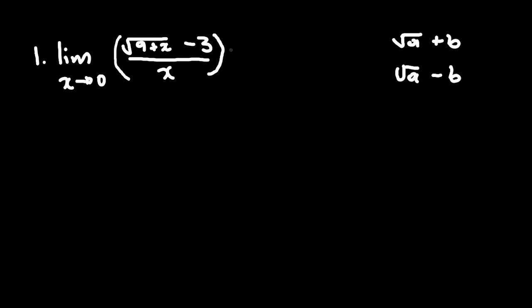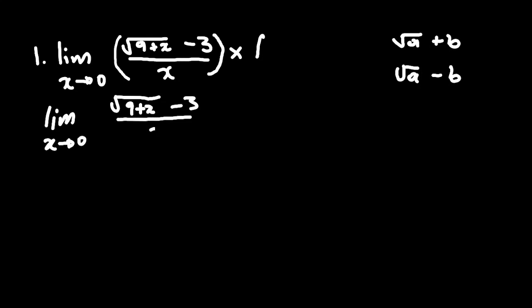How? Because here this limit is being multiplied by 1, so we can manipulate this one in the form of this conjugate. Let's write our limit as x approaches 0 of square root of 9 plus x minus 3 divided by x.